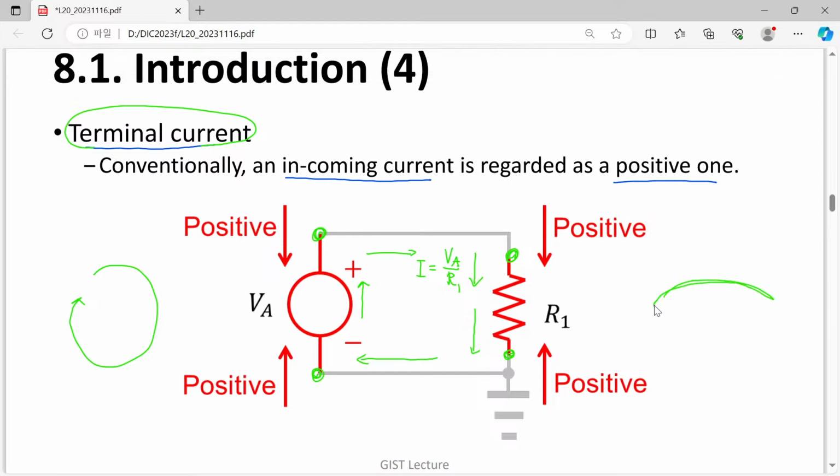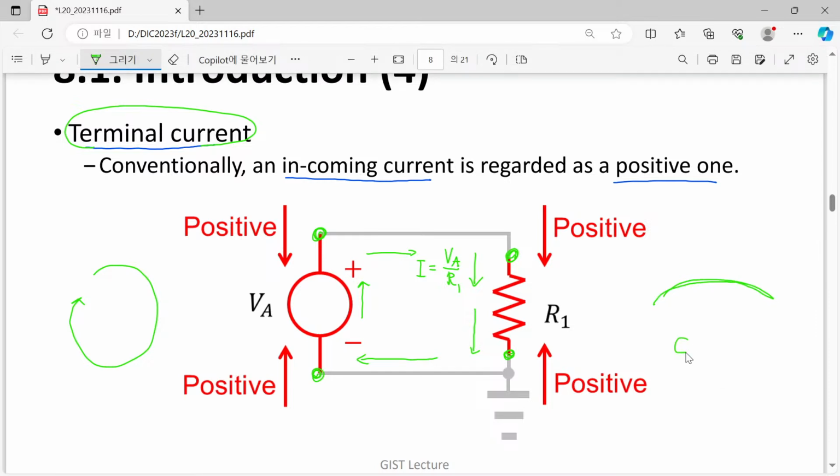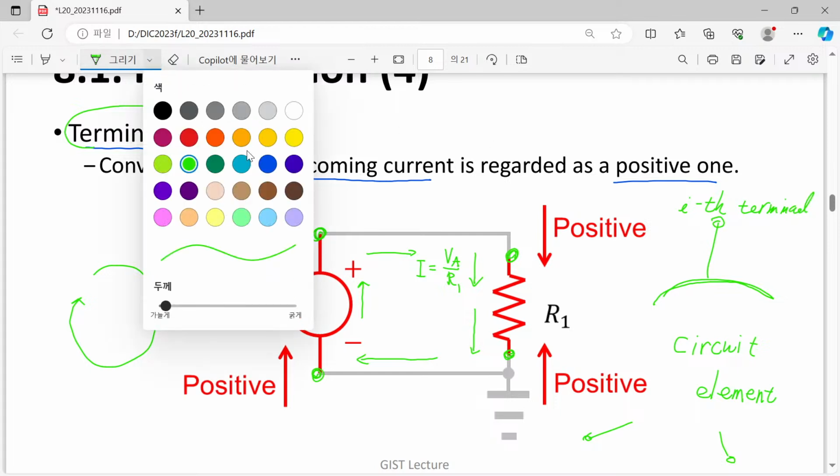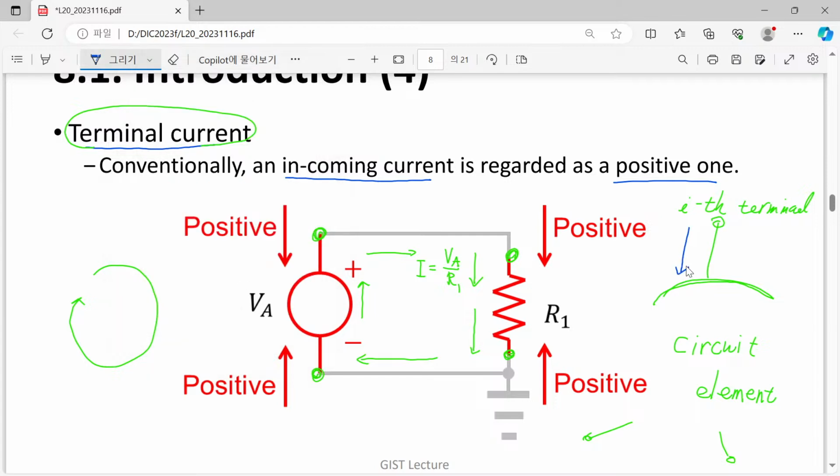So think about this one. Here we have a circuit element, and it can have multiple terminals: 1 terminal, 2 terminals, 3 terminals, n terminals, and for a certain i-th terminal, let's just think about one special case, where current is incoming.